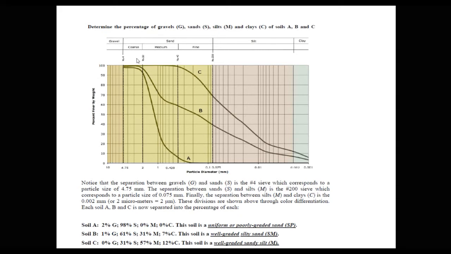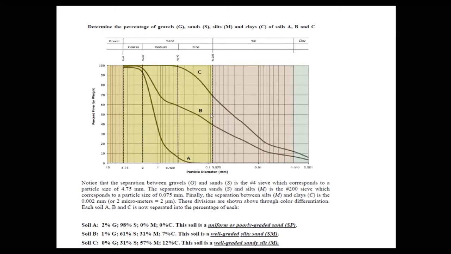Similarly, the sand ranges from number 4 to number 200. But in this case, you can see that it doesn't go past the number 200 sieve. That means the remaining 98% comes in the category of sand, and this is what has been mentioned here. And as I said, it's a poorly graded sand.